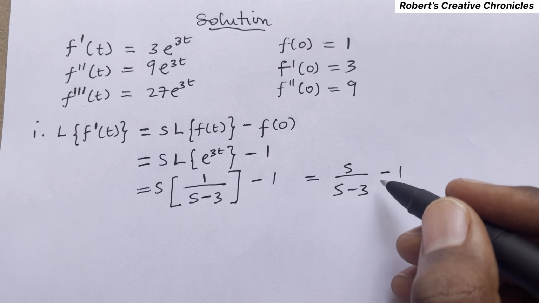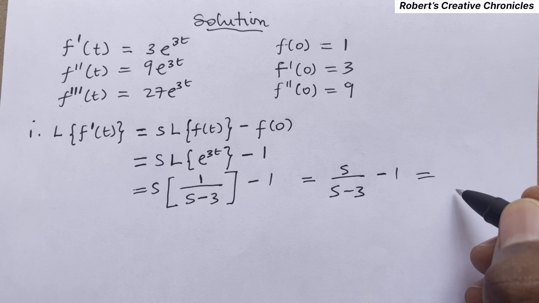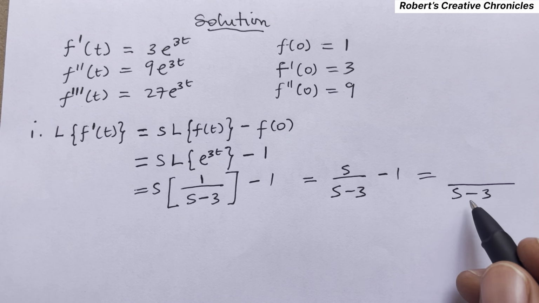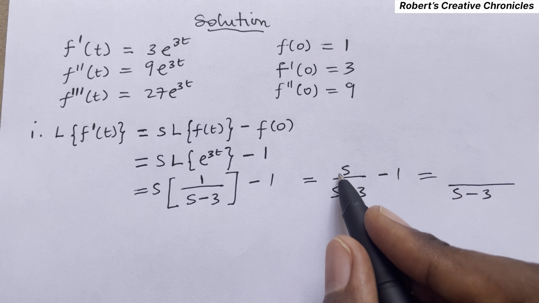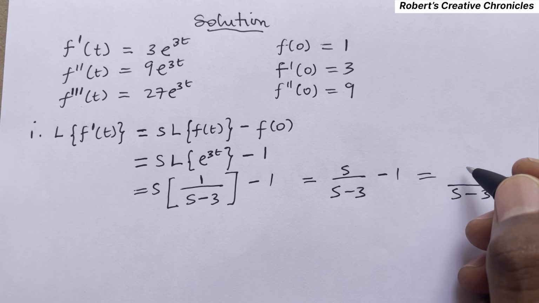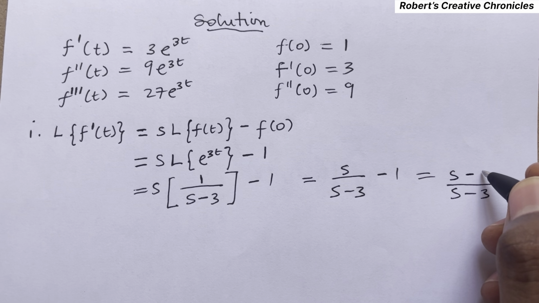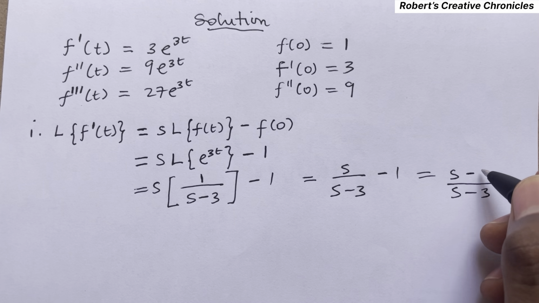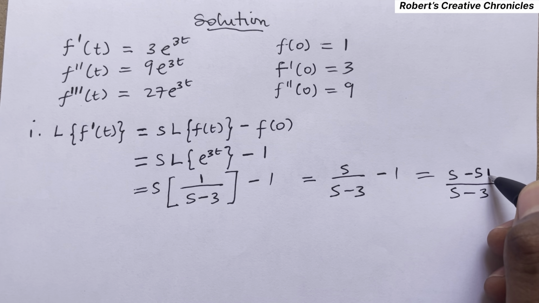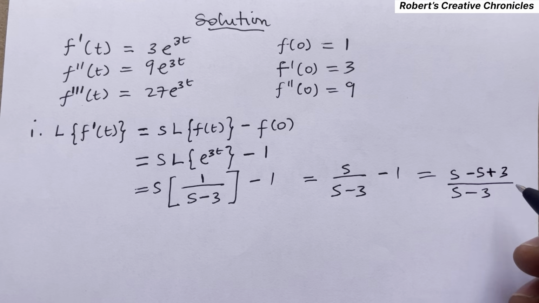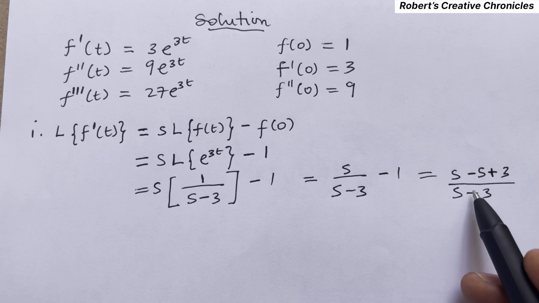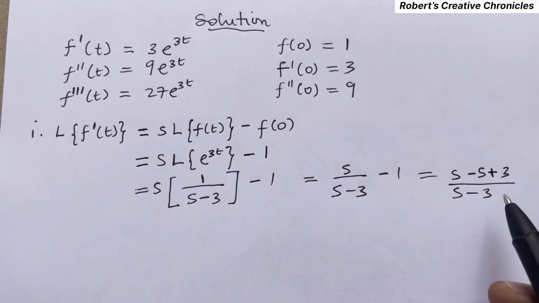Now if you find the LCM, it is s minus 3. So it equals s minus 3 divided into s minus 3 times this, which gives s. Then minus 1 times s minus 3, which is minus s plus 3, because if you open the bracket it will be minus s, then minus times minus is plus 3.